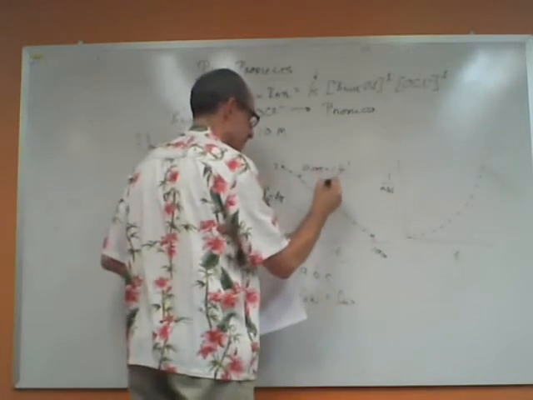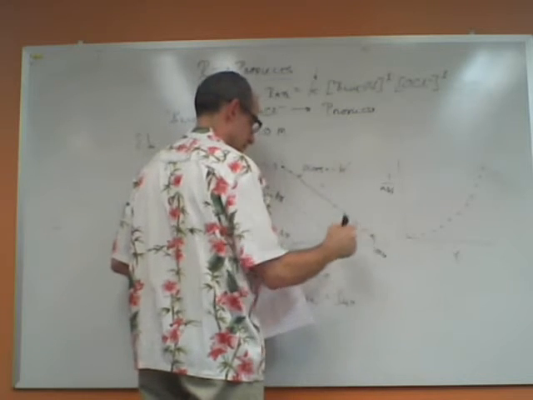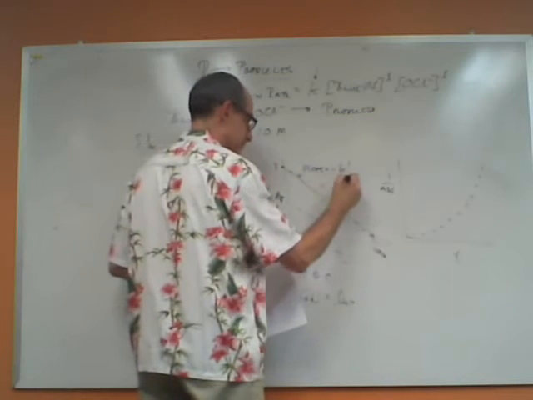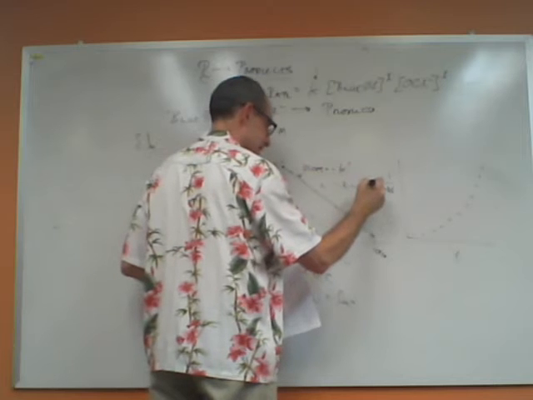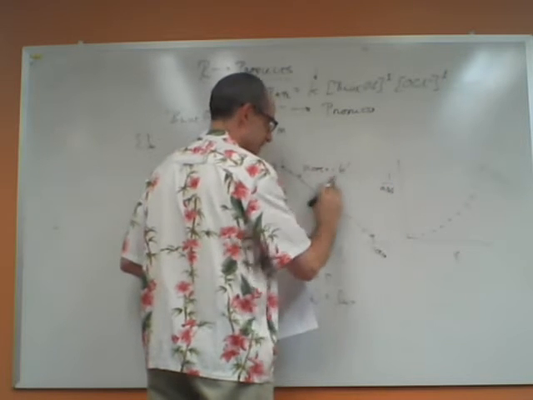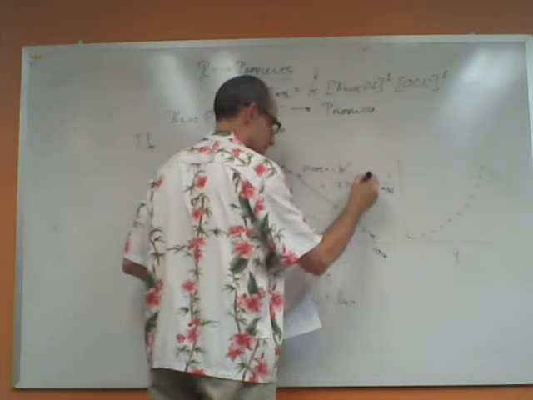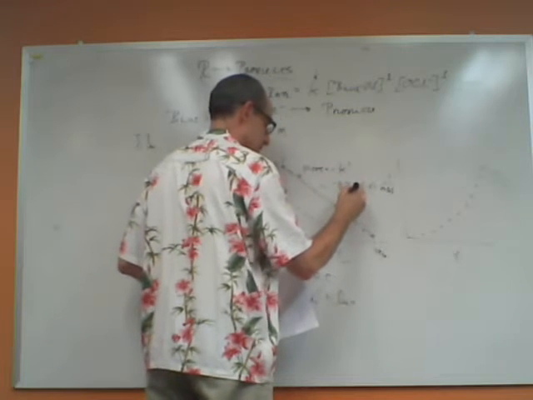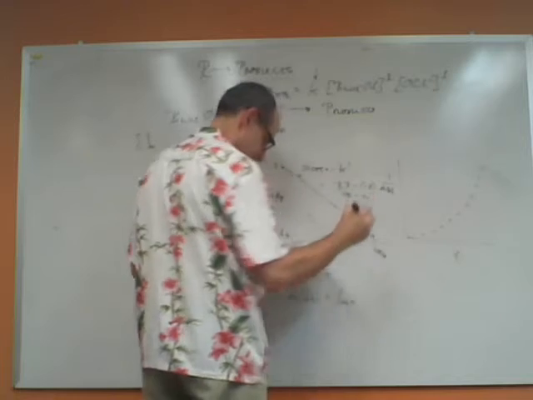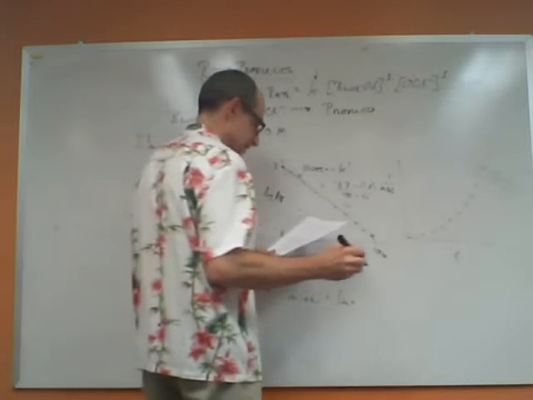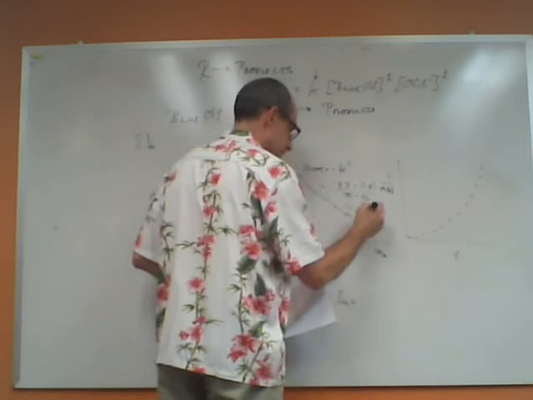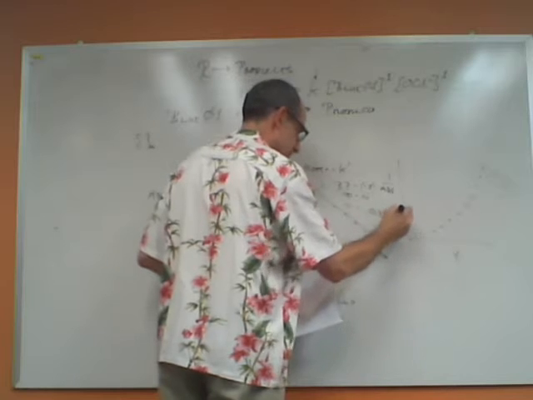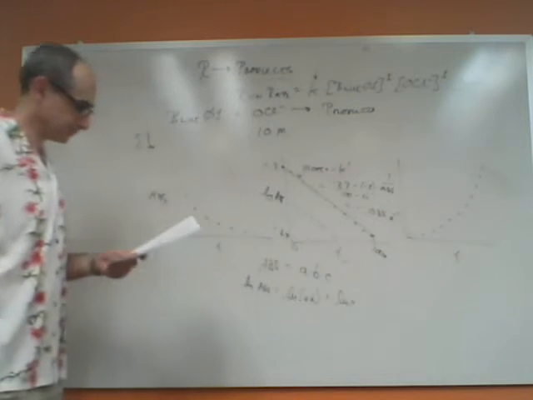So the slope of that line would be negative 0.2 minus negative 3.7 over 100 minus 0, and that works out to be negative 0.035, and the unit there is reciprocal seconds.